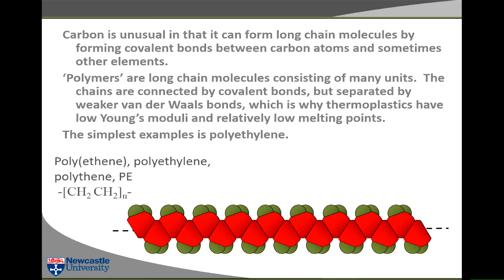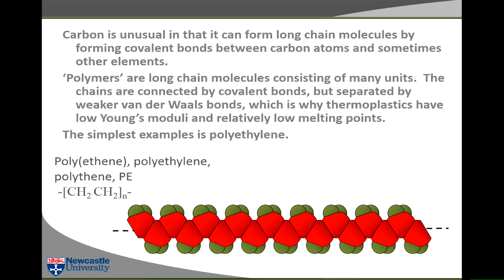And that has an important implication, because in the solid state, when all these molecules are packed together, most of the bonds holding together the solid are not the bonds along the length of the chain. They're the bonds in between adjacent chains. And those bonds are weak bonds. They're van der Waals bonds, as we call them.